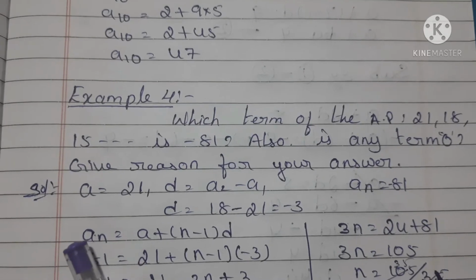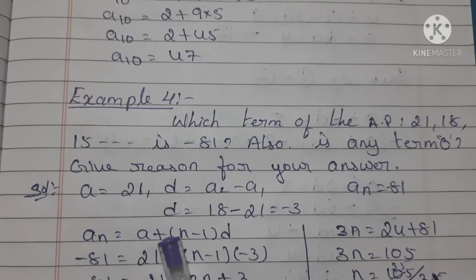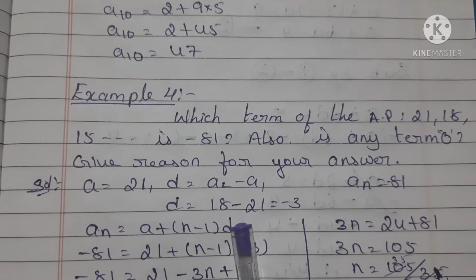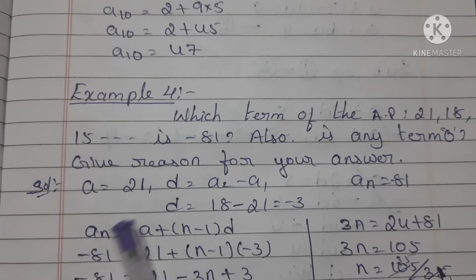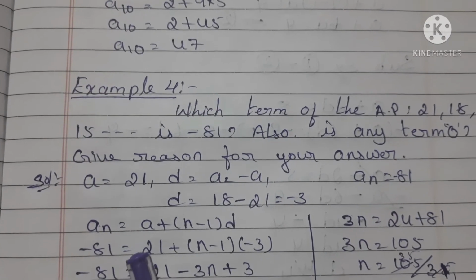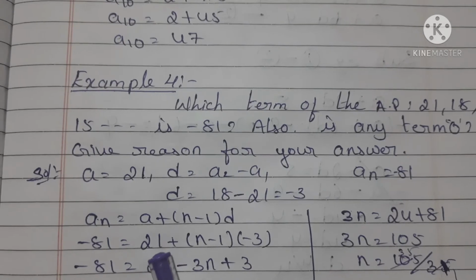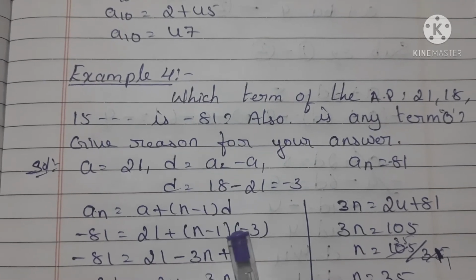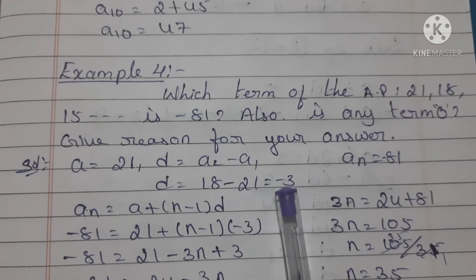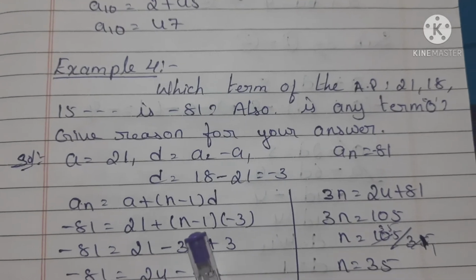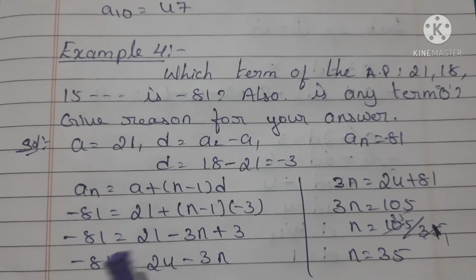Okay. Now, an is equal to A plus (n minus 1) into D. Here an they gave as minus 81, is equal to the A value 21 plus (n minus 1) into the D value minus 3. Here we should find out the n value.